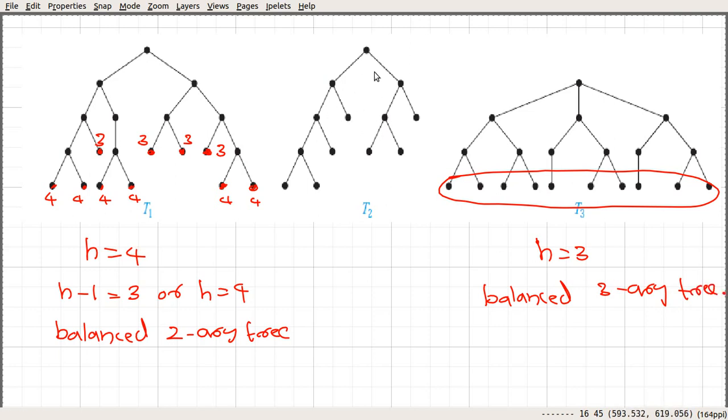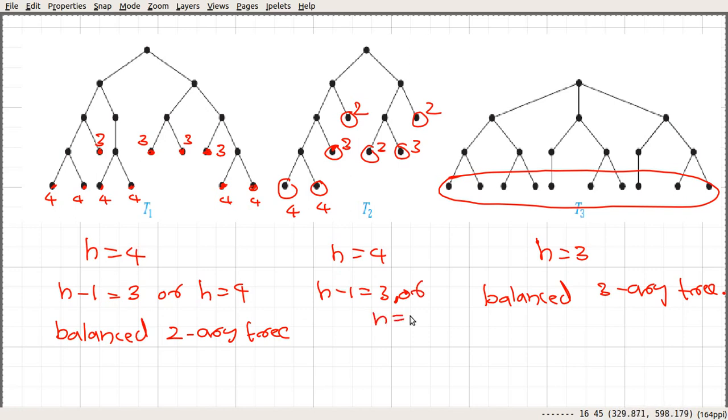So let's look at T2. If you look at T2, you can see that the height of this tree is 1, 2, 3, 4. These 2 leaf nodes are at level 2, and this is at level 2, and these 3 are at level 3. And these 2 leaf nodes are at level 4. So here h minus 1 is 3 and h equals 4.